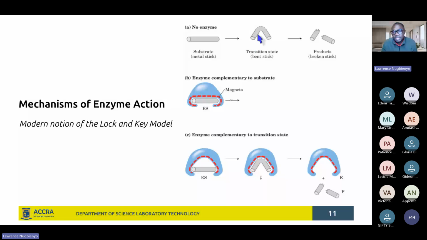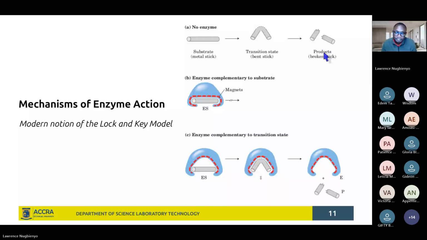What it means is that it's first of all gotten to a stage where it can be easily broken, because once the metal is bent, there is that dent in it, and so it can easily be broken into the two sticks. So just an analogy to show that.